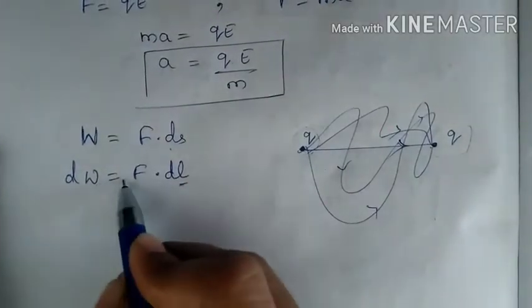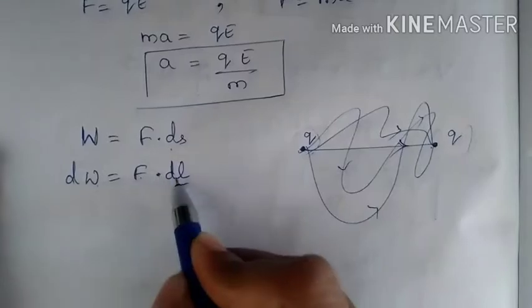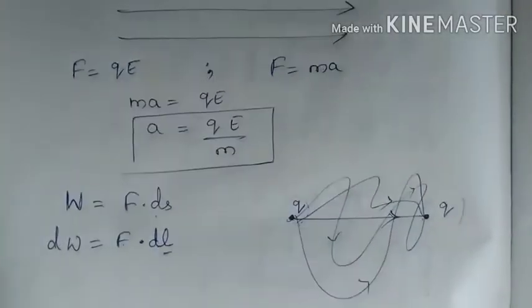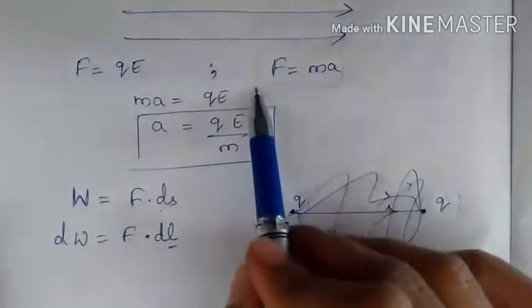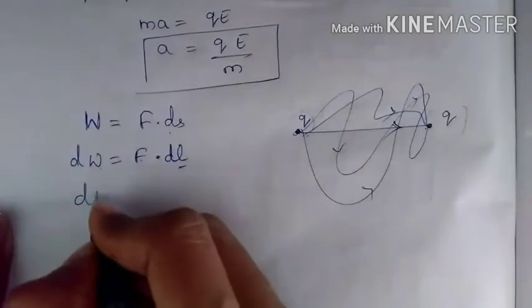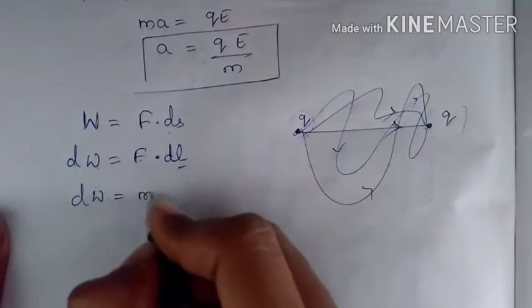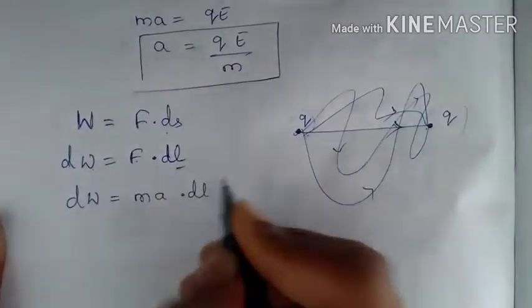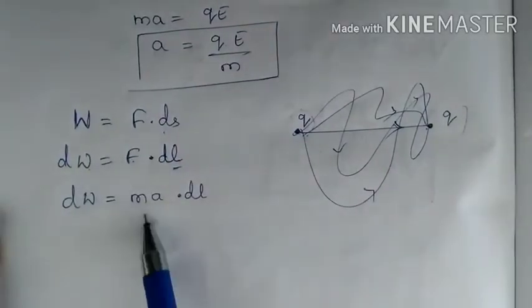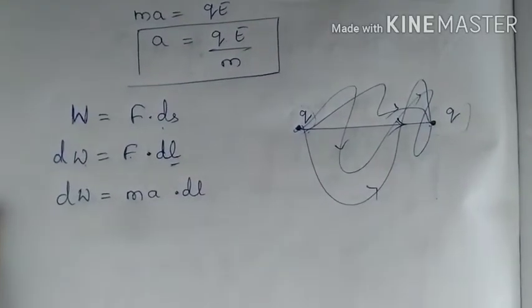So, dW is equal to F dot dl. We know that F can be written as MA, so let us substitute: dW is equal to MA dot dl. I have just substituted F in terms of mass and acceleration.